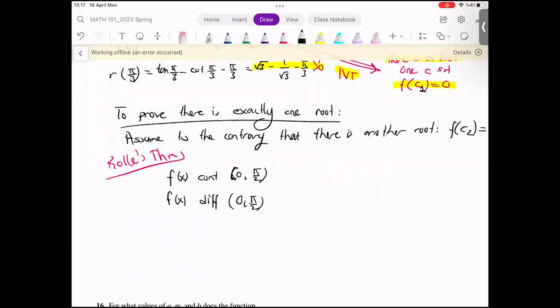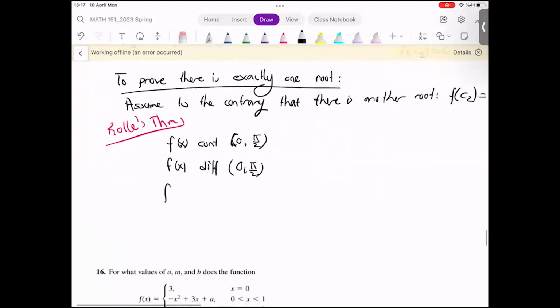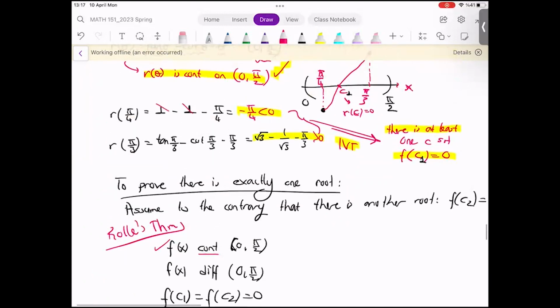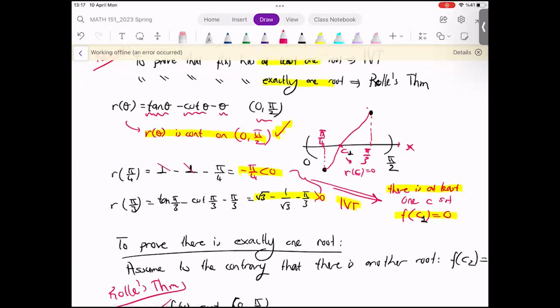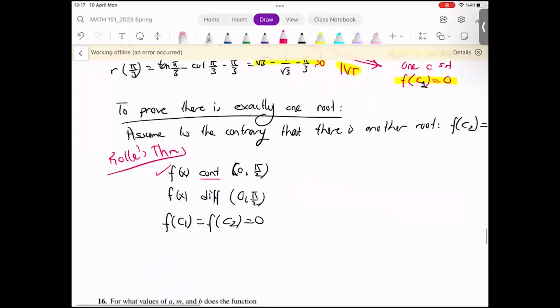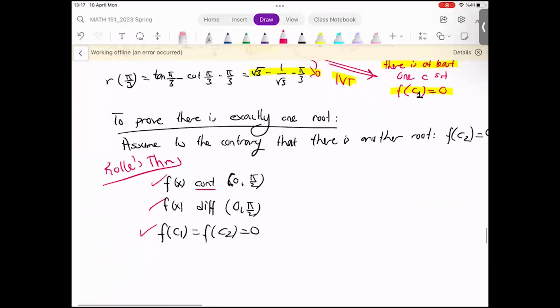Differentiable on it. And there is one more thing: you need to have equal images like this. We assume that there is another root, so both have image 0. All of these three assumptions should be checked: continuity, okay, right? And we can compute the derivative of the function, so it's differentiable over this interval. Differentiability is checked, and we also have these equal images.